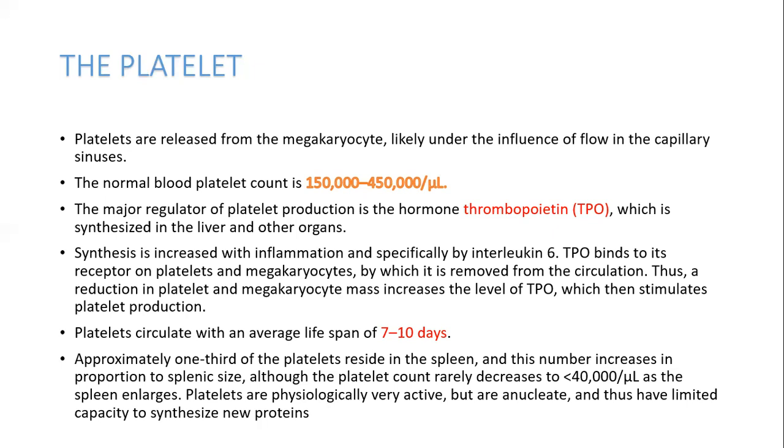From history, you ask the duration of symptoms, age at onset, pattern of bleed. You can differentiate whether it's an inherited or acquired cause, or a platelet or a coagulopathy problem. Then we learned three things: whether it is a vessel wall disorder, a platelet problem, or a coagulation disorder, and how to rule them out from the presentation of the patient.